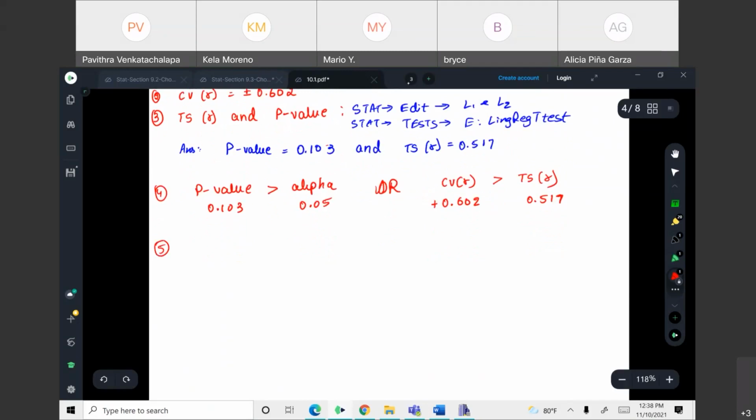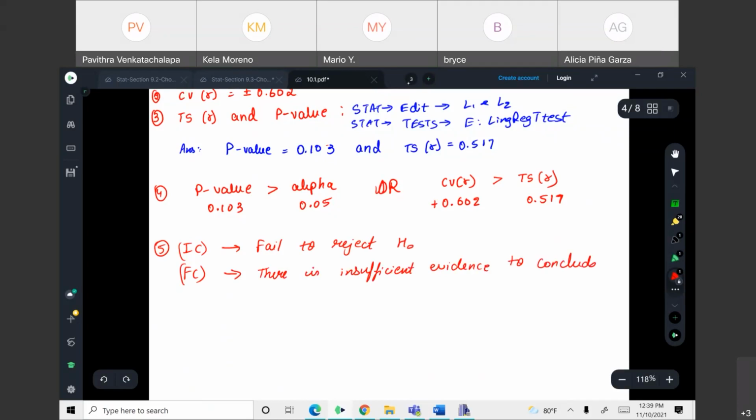Now since p-value is greater than alpha, our initial conclusion will be fail to reject H naught, and our final conclusion will be there is insufficient evidence to conclude that there is a linear relationship.